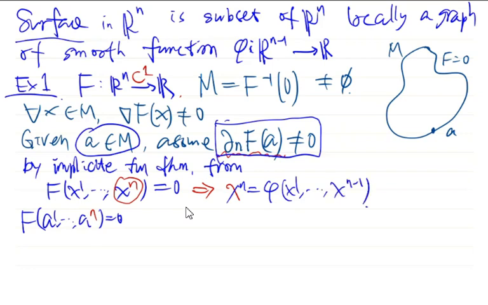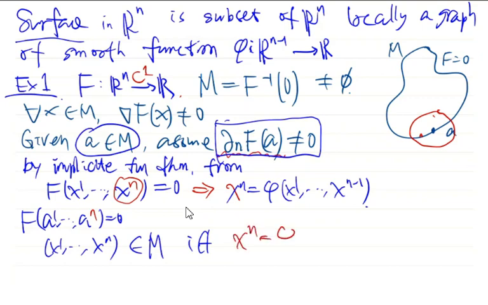This means a point (x1, ..., xn) lies in our M if and only if, for those points near the point A, in the neighborhood of A, a point x with coordinates x1, ..., xn belongs to this M if and only if xn is phi(x1, ..., xn minus 1).